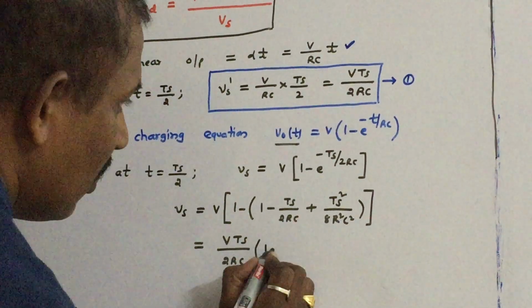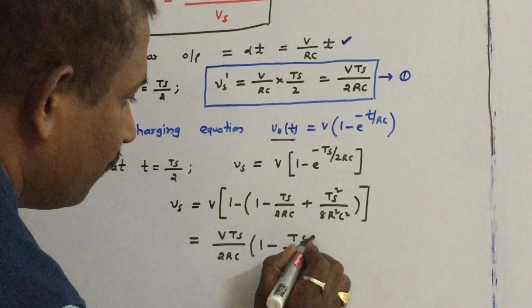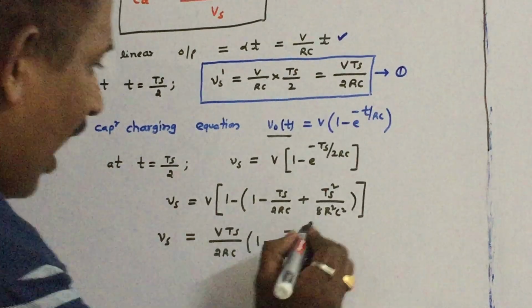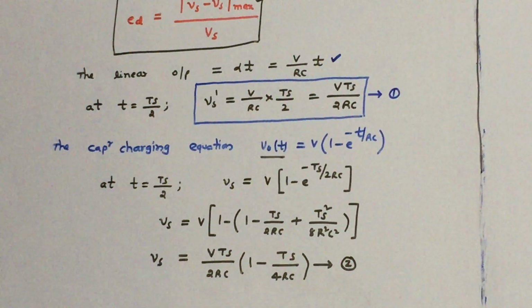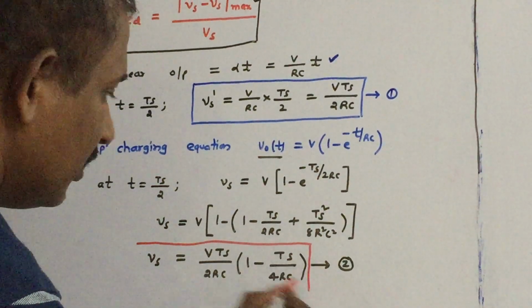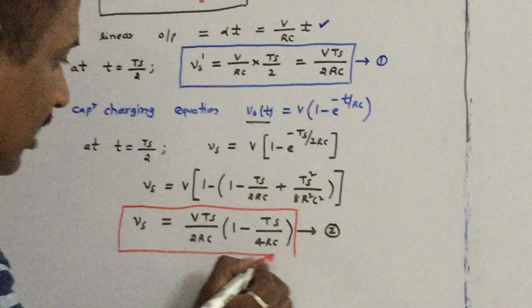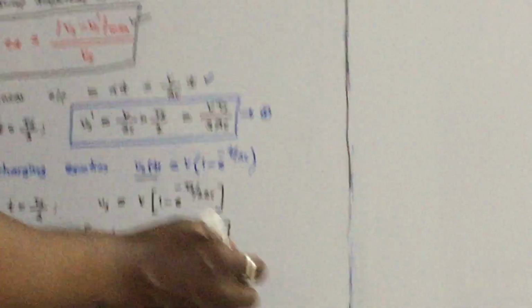It will come out as 1 minus Ts by 4RC. So this is the actual sweep amplitude at t is equal to Ts by 2. Just substitute in the equation and you get the displacement error. Very simple. So what is the displacement error?